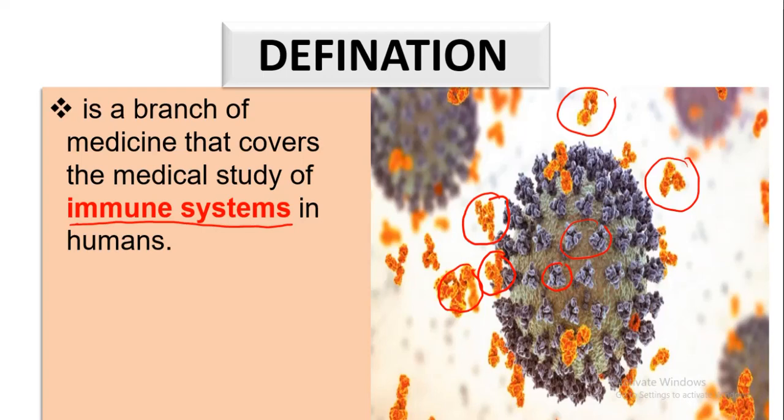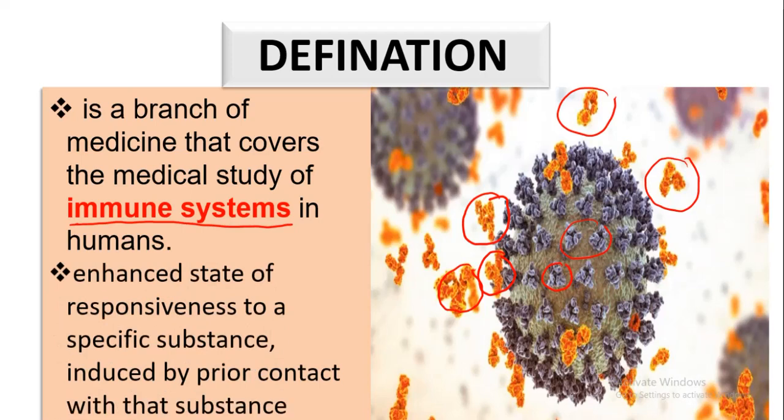The immune system is made up of the white blood cells. The immune system is also composed of the lymphatic system. All these play a role in the fight against bacteria.